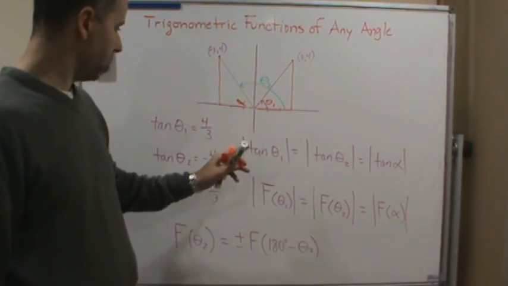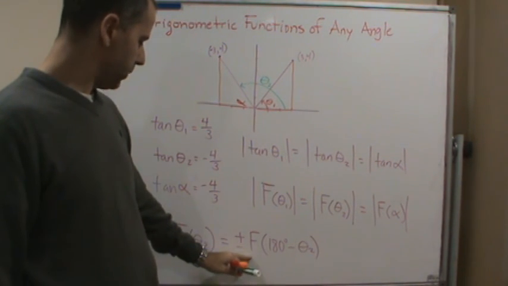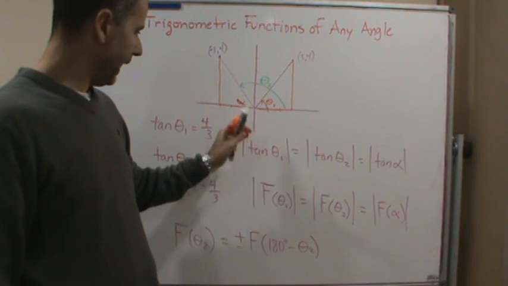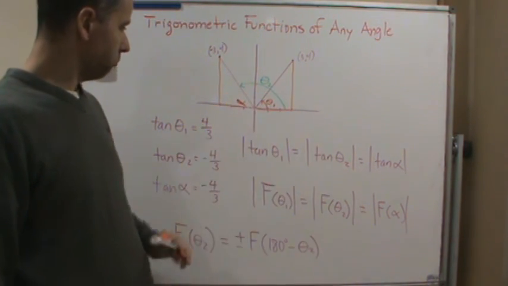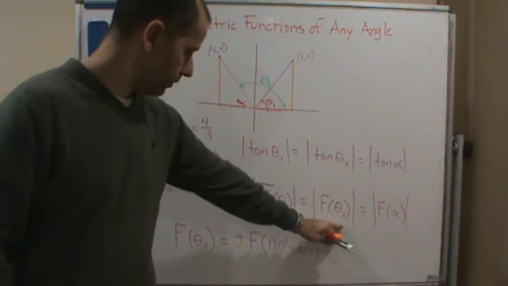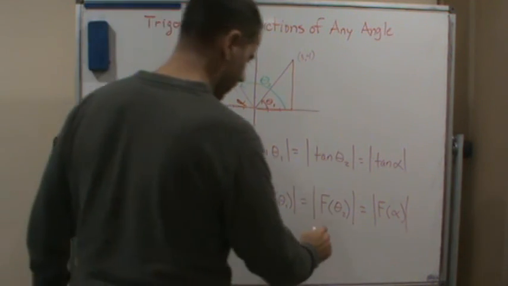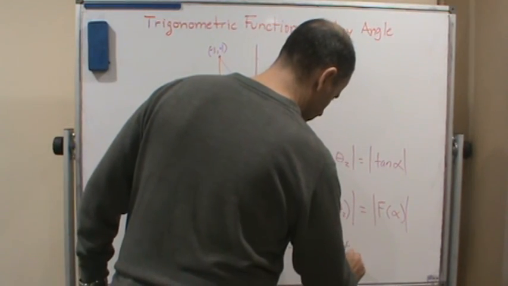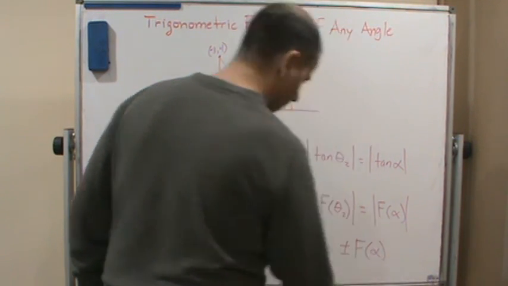F of theta 2 is equal to plus or minus f of 180 minus theta 2, which is also equal to plus or minus f of alpha.